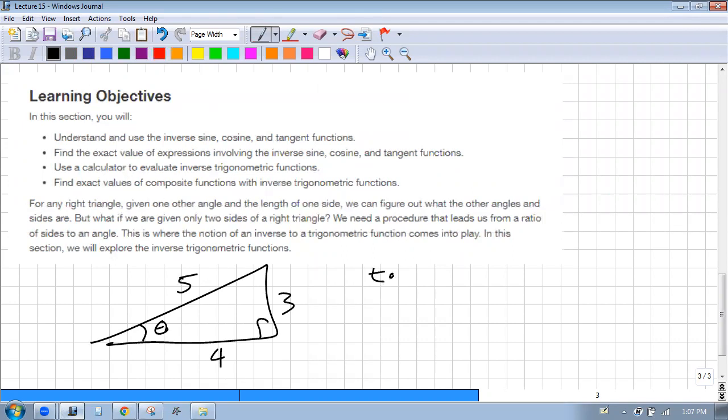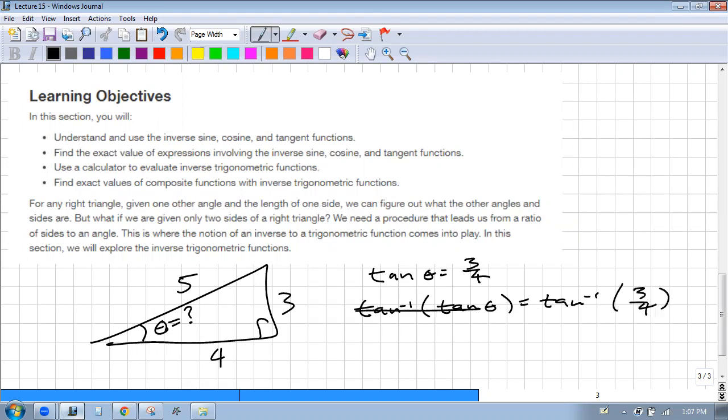I know that tangent of the angle would be 3/4, right? But what's the angle? I need a function that'll undo this function. I need a tangent inverse. Is what I need. So those will undo one another, and theta will just be tangent inverse of 3/4.